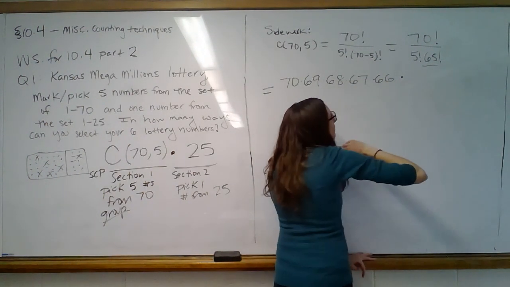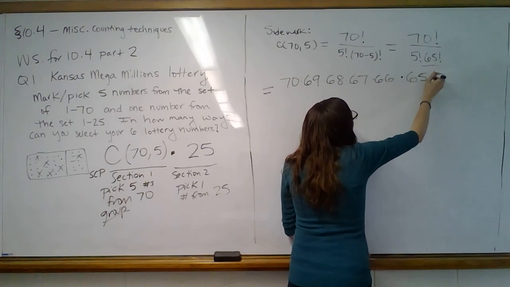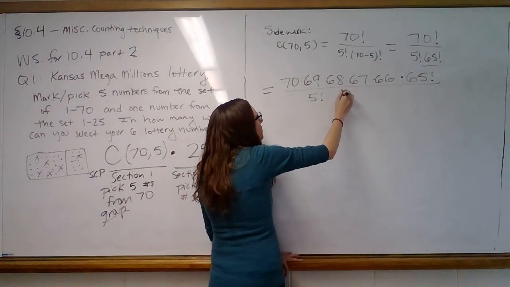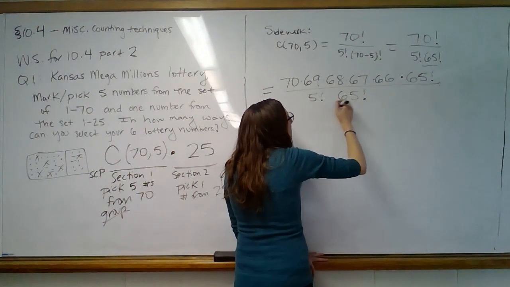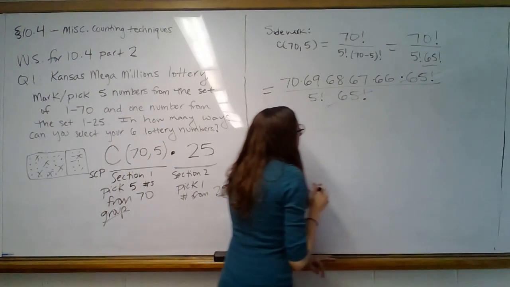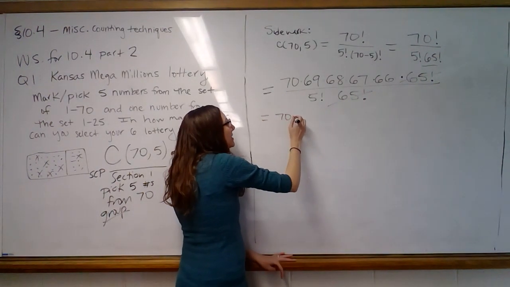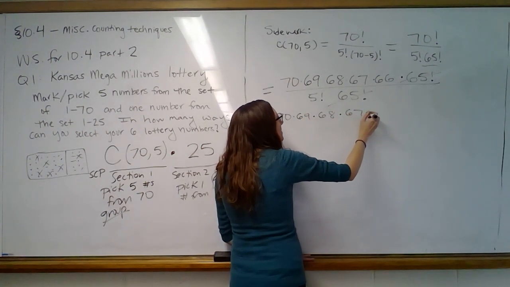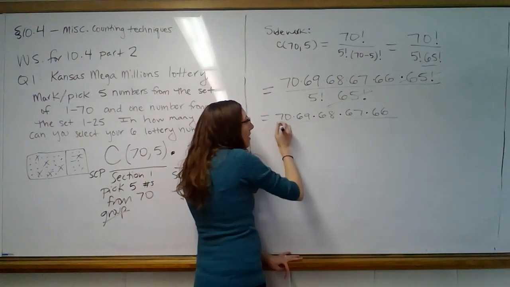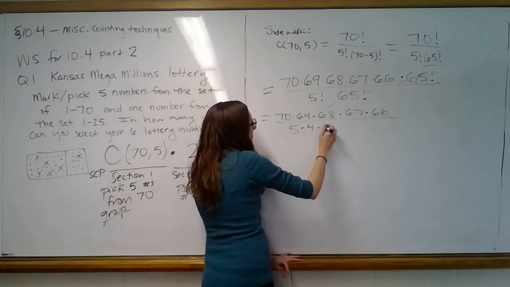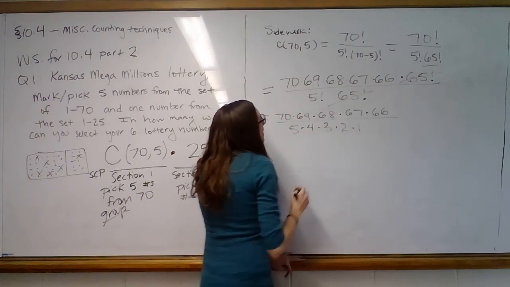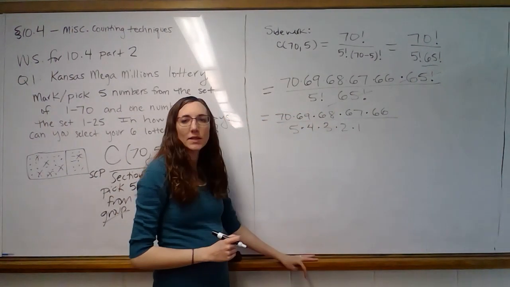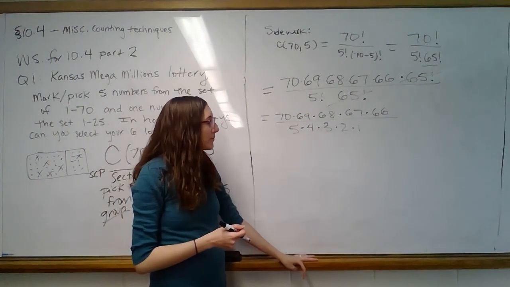When we hit the larger of the 2 in the bottom, so times 65 factorial, and then this is all over 5 factorial times 65 factorial, so cancel those 65 factorials, so you're left with 70 times 69 times 68 times 67 times 66, all over 5 times 4 times 3 times 2 times 1. Again, notice that little trick to help us remember we've got the same number of numbers on the top and the bottom. It's just a little way to check if you did it right.